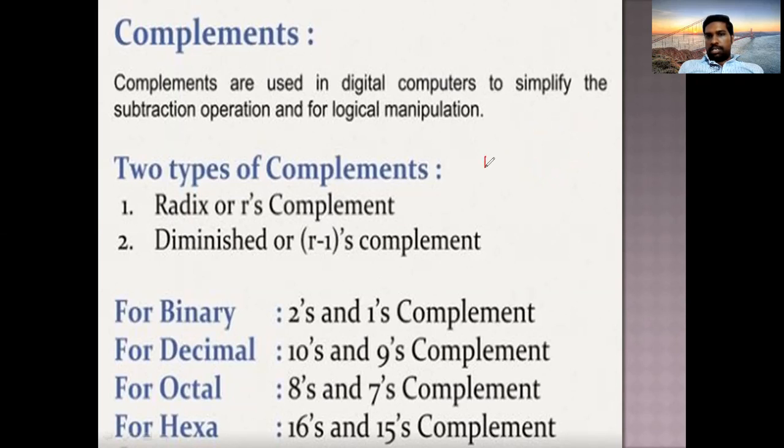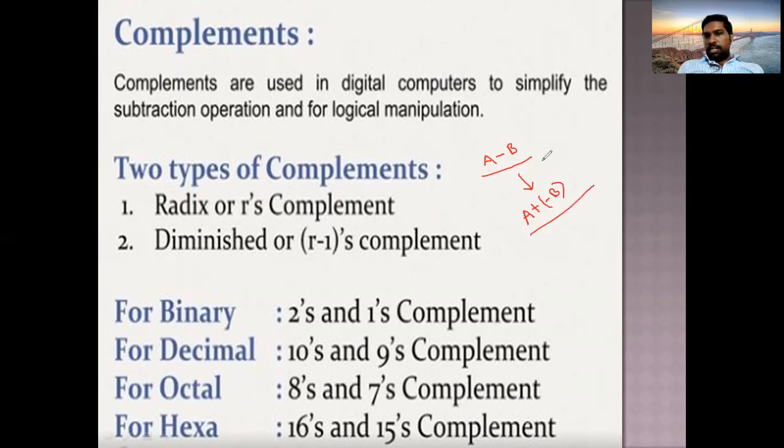Why? Because if we have two numbers, subtracting them you can write a minus b. Then the system will convert the equation a minus b into a plus of minus b.